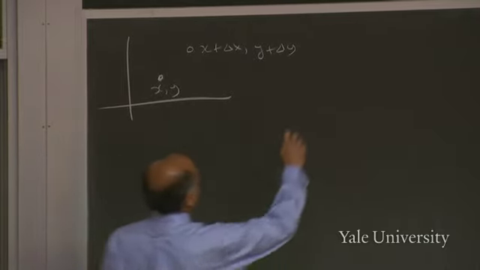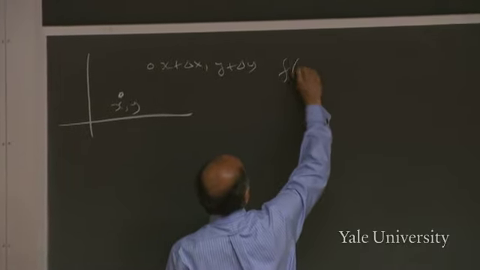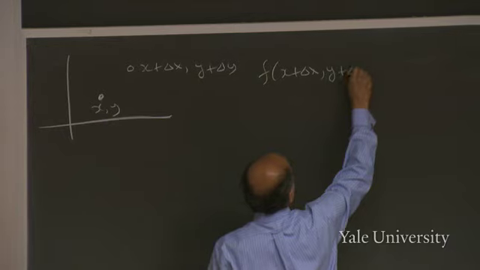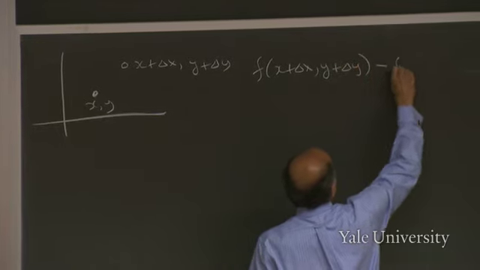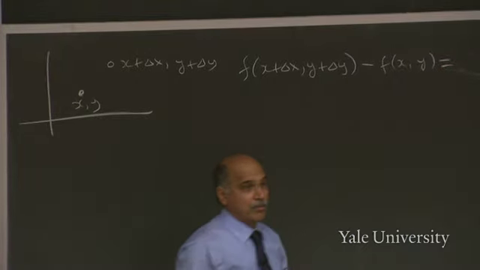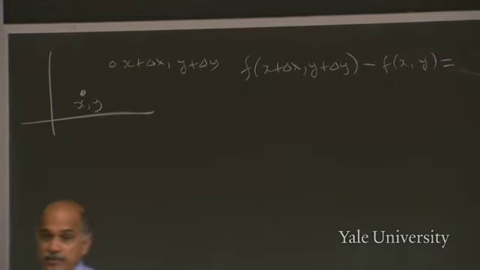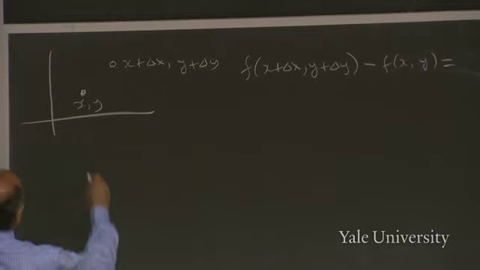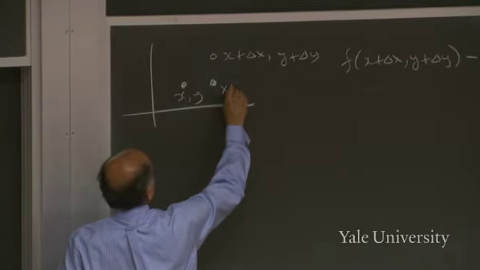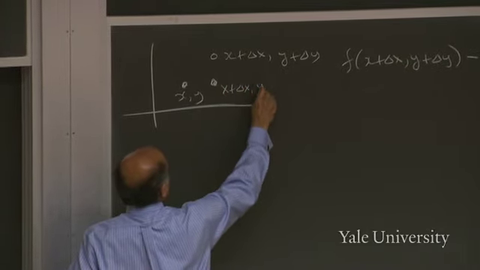So I'm asking you, what is f of x plus delta x, y plus delta y minus f of x, y for small values of delta x and delta y. If the neighboring points, what's the change? So we're going to do it in two stages. We introduce an intermediate point here whose coordinate is x plus delta x and y.